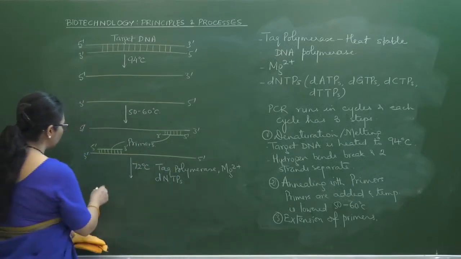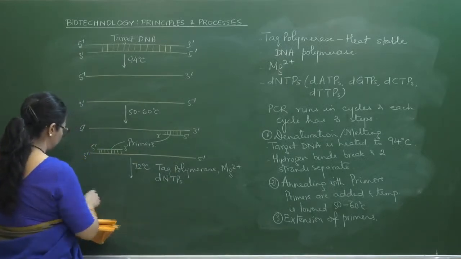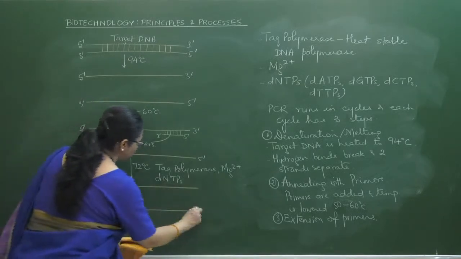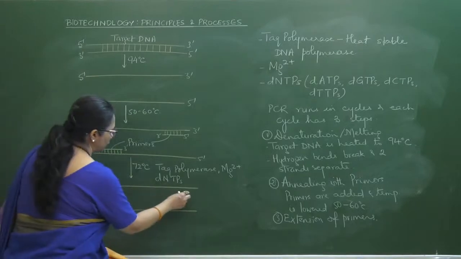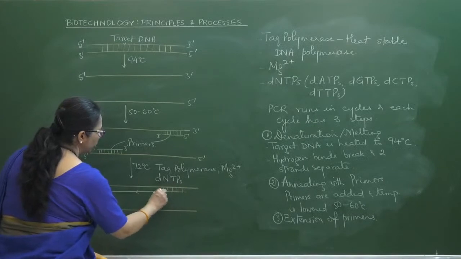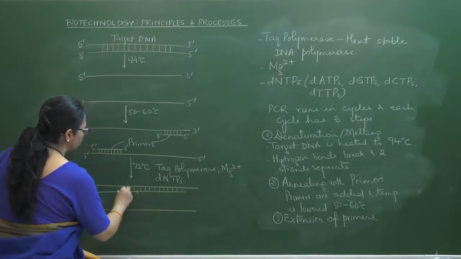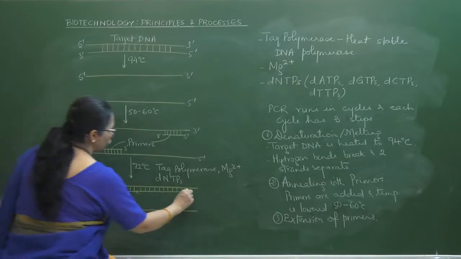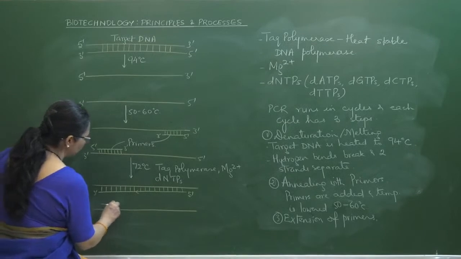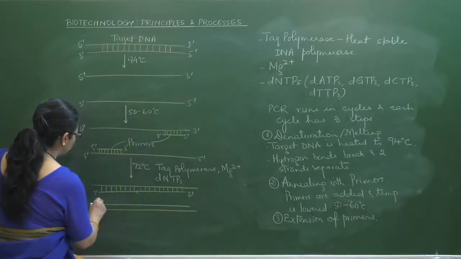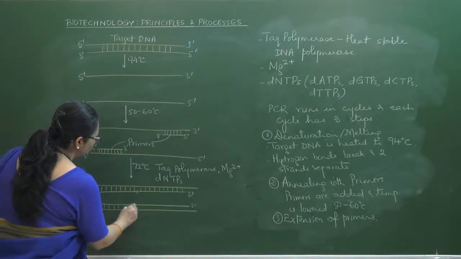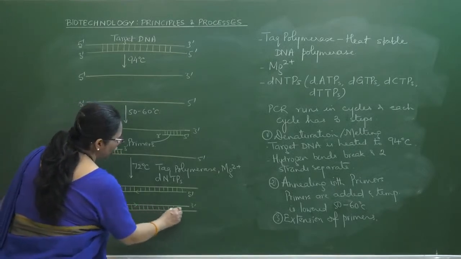In normal replication, as you have studied, the chain elongates in 5' to 3' direction. Here also it is elongating in 5' to 3' direction, and the same way here also. So how is it different from the actual DNA duplication?